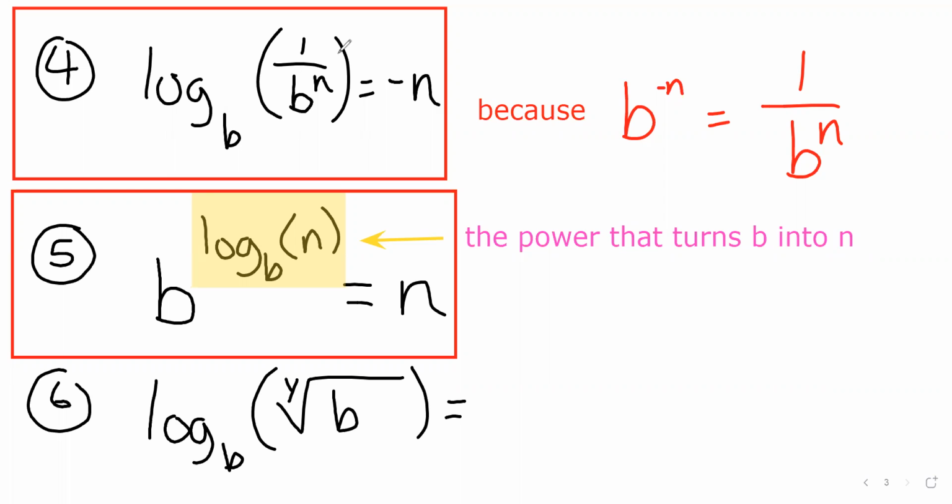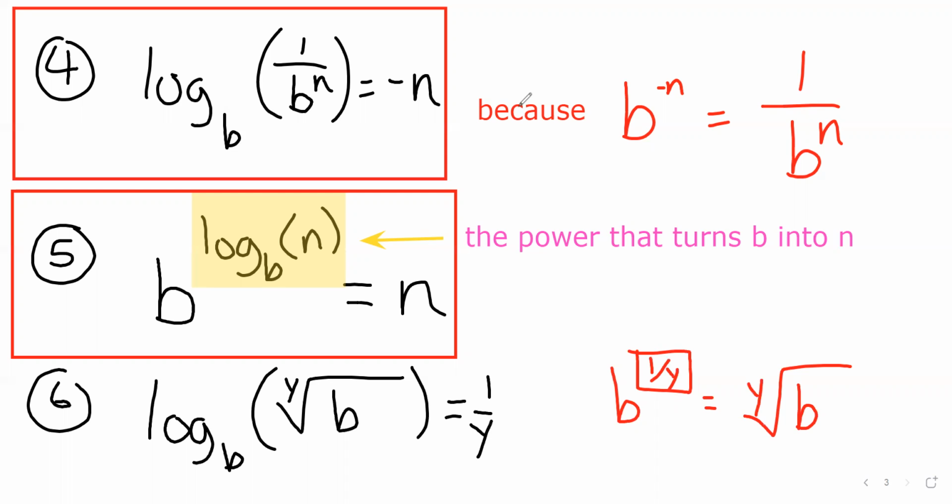Well, the question is, what power would turn b into the y-th root of b? Well, that would be the 1 over y power. That's what fractional powers do. Log base b of the y-th root of b is 1 over y.